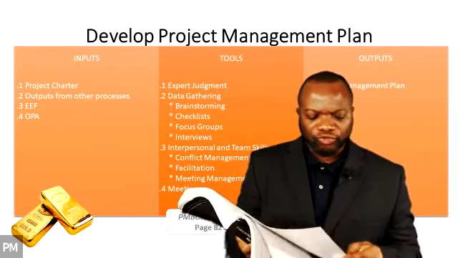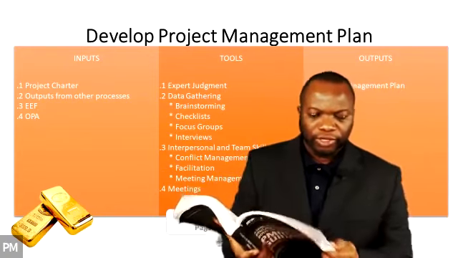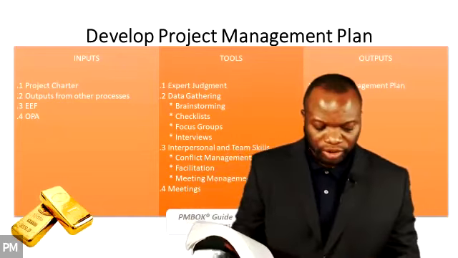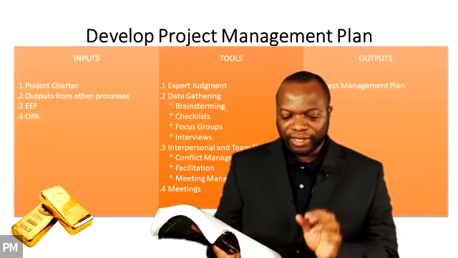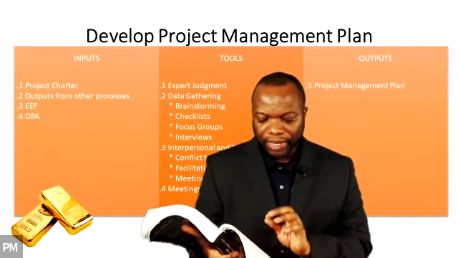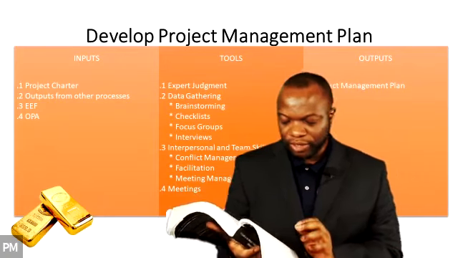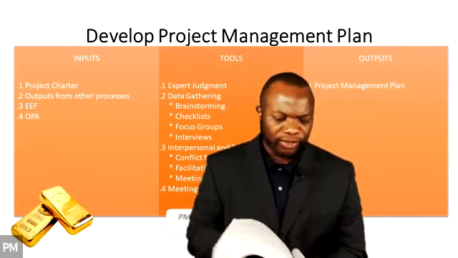So if you just read a little bit in this section, you see what they mean by checklists. It's really a checklist of what should be in the project management plan. See, we got to make these things as simple as possible. You see this on page 85. It says, many organizations have standardized checklists available based in their own experience or use checklists from the industry.